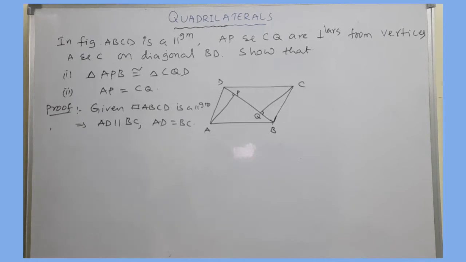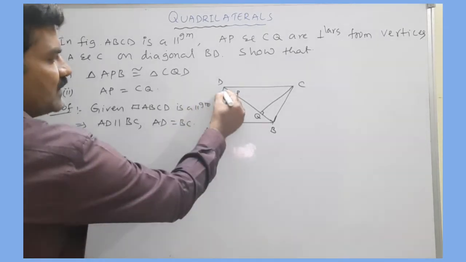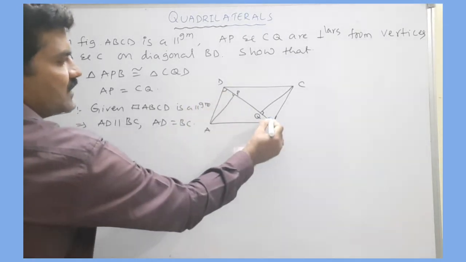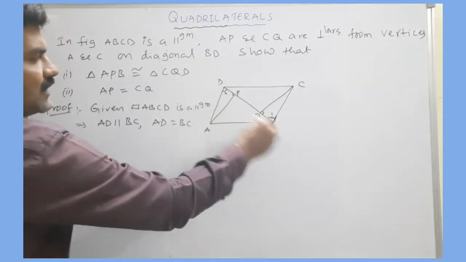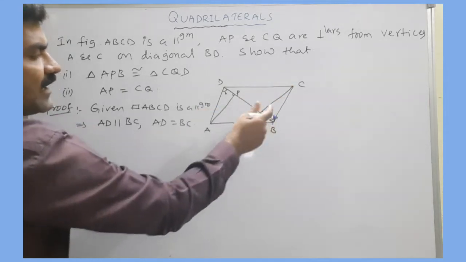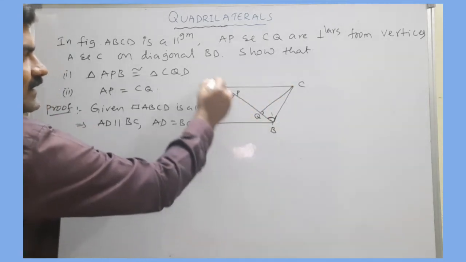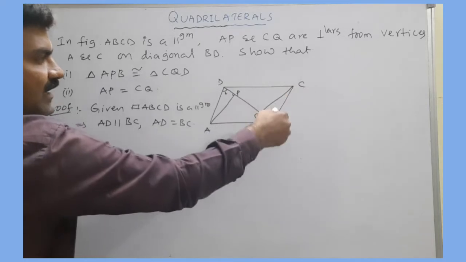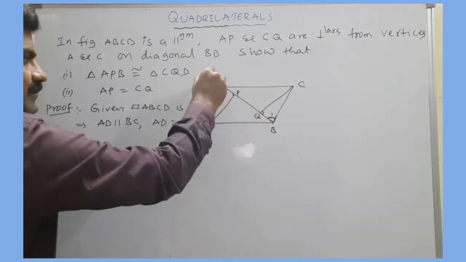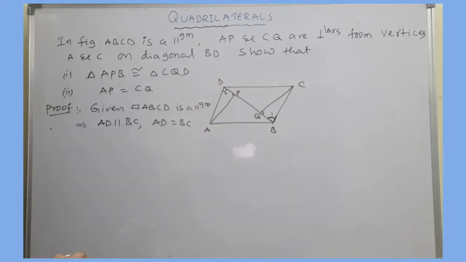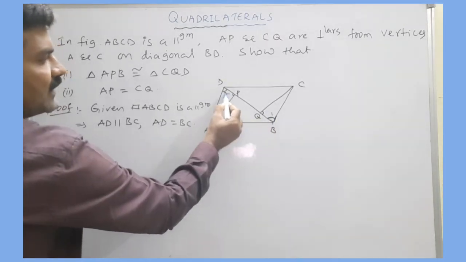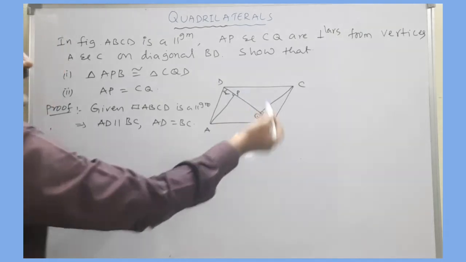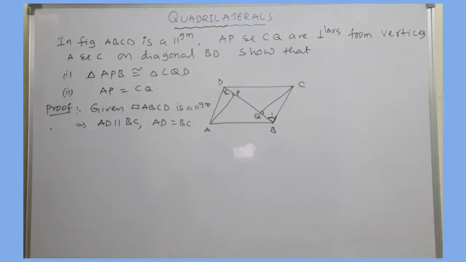Next, see, this angle is equal to this angle, say 1 and 2. Since AD and BC are parallel lines and BD is the transversal, angle 1 and angle 2 are the alternate interior angles made by the transversal. So they are equal.